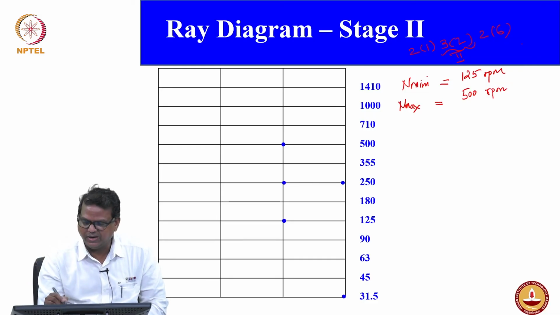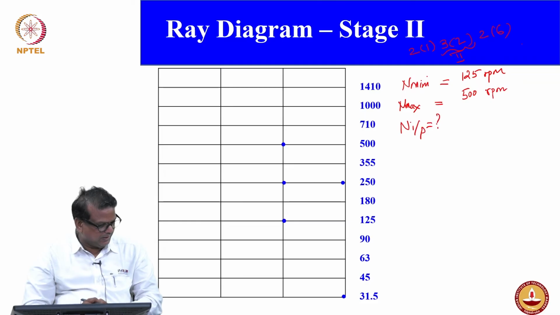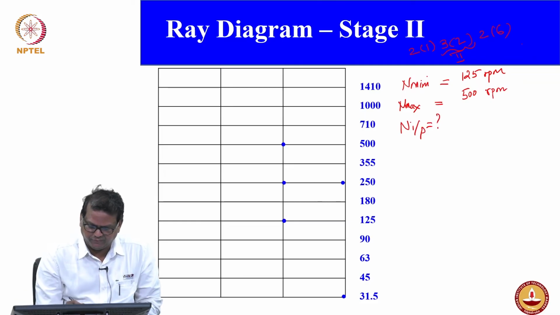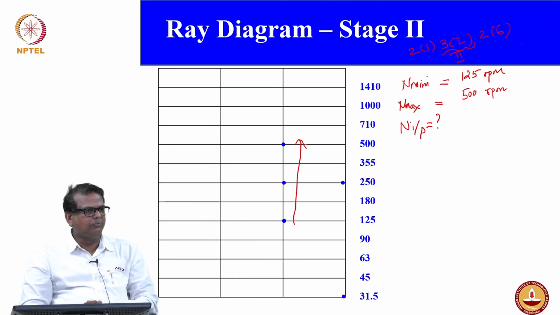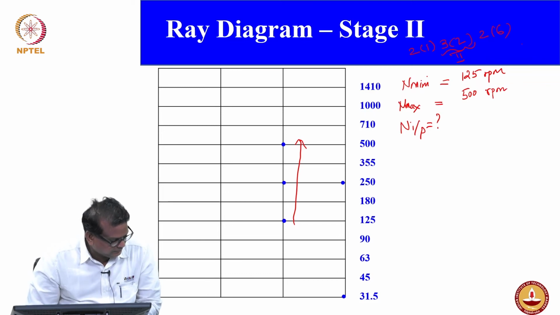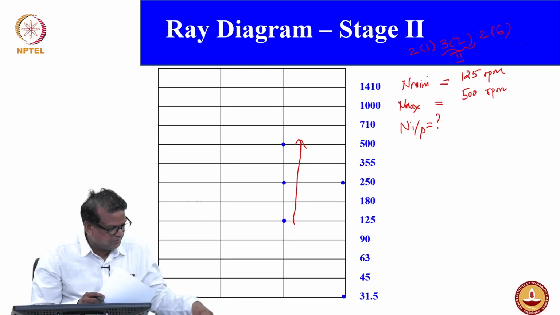So, we have to find out the input speed for this. The variations given, starting from 125 rpm up to 500 rpm, can be used as an input speed for stage 2. We will do similar to what we did, trial 1, trial 2.